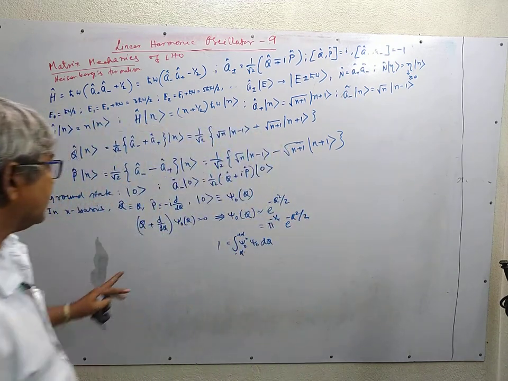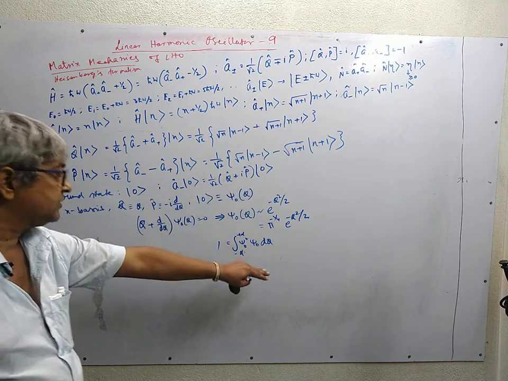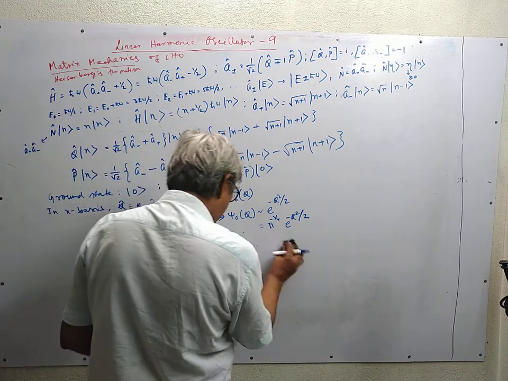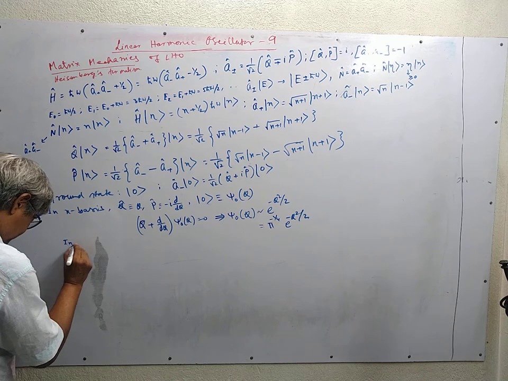So this is the general definition of ground state in any basis. When we project it into the position basis, the result is this. Now we shall see it in momentum basis, in P basis.